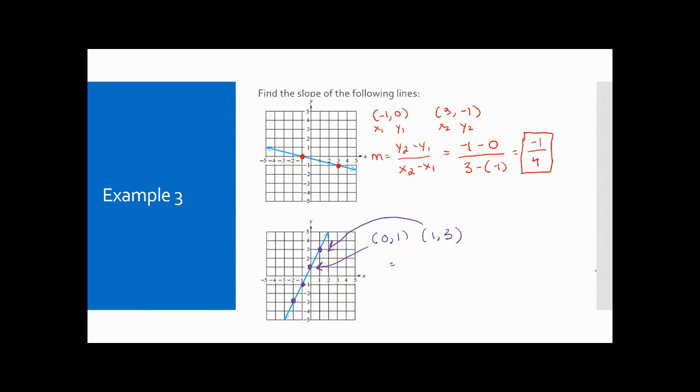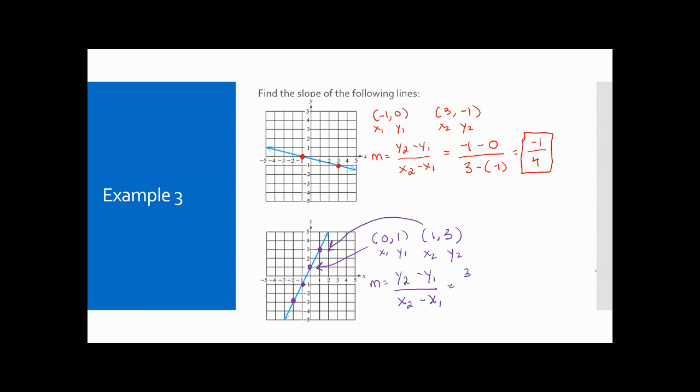So actually, first I should label my x1s and y1s. So x1, y1, x2, y2. m is equal to y2 minus y1 over x2 minus x1. I always make sure to write the formula so that it helps me remember.